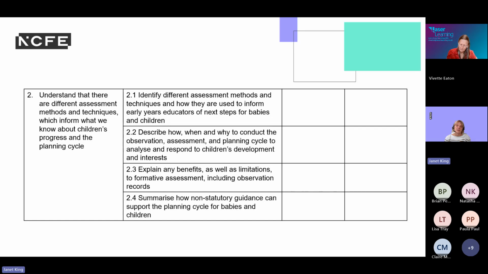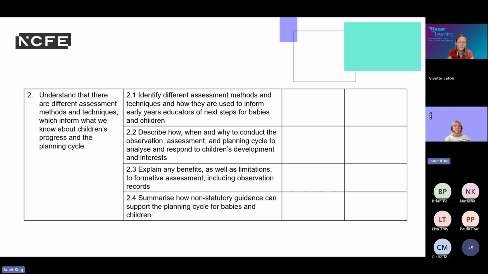And we are all the time being observant of our children, and 100% when we are with the children, we are observing the whole time. It doesn't mean we're there with a pen and paper, it just means we're watching and tuning in and seeing where things could be extended or where you need to perhaps intervene. They're all observations.